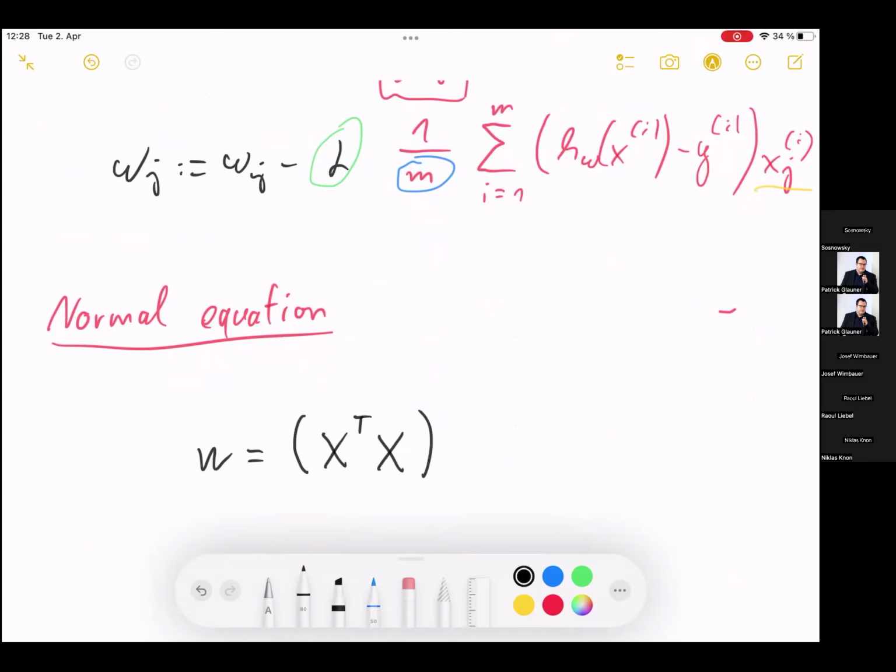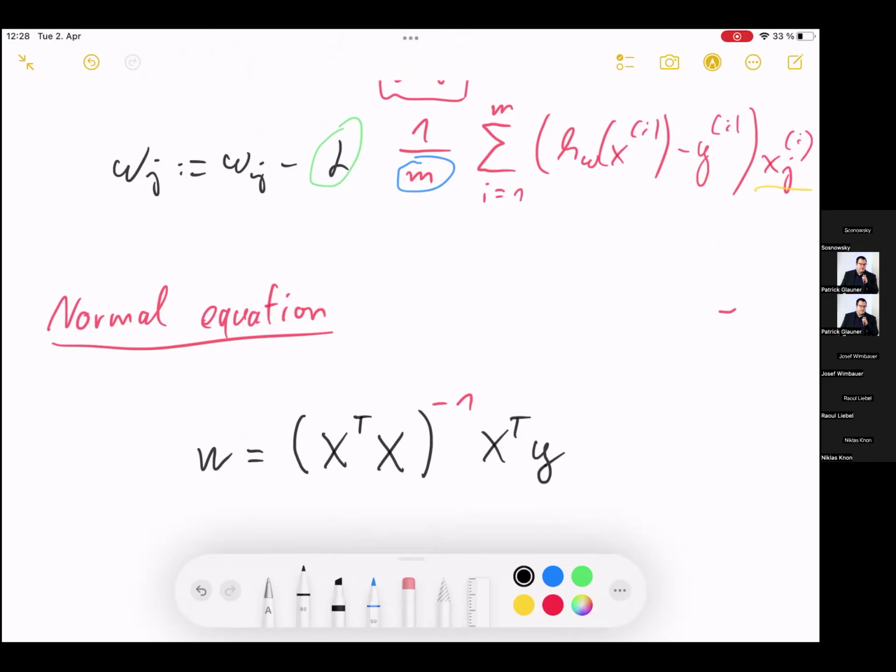So it's rows, and each row is an example, and these columns are the features in an example. And I multiply X transpose by X. I invert this, and I multiply it again with X transpose times Y. If you check this in the slides, it's formatted nicer because all of these elements are vectors or matrices, so they are bold.